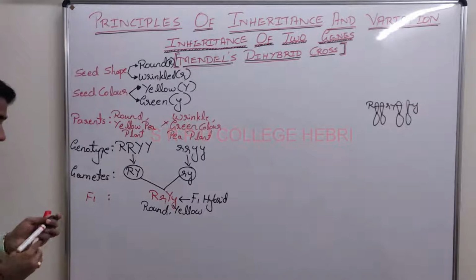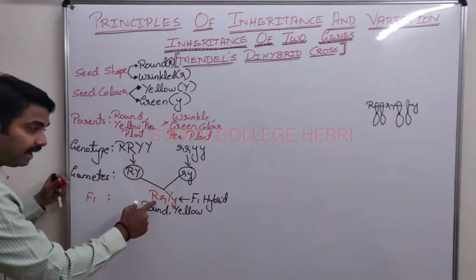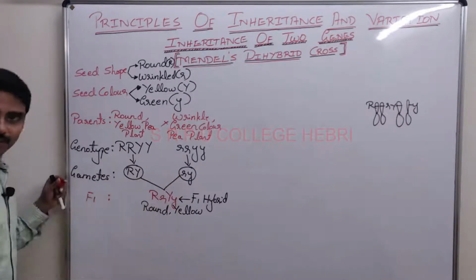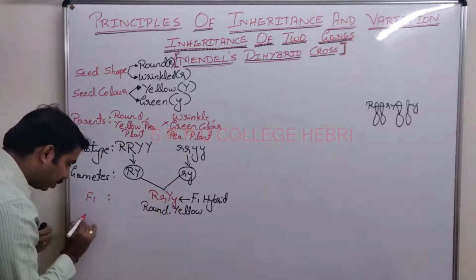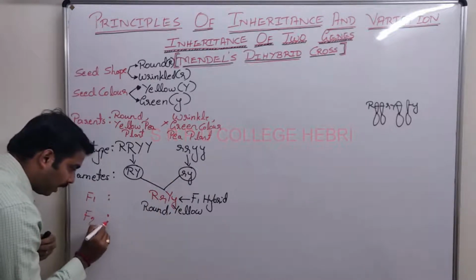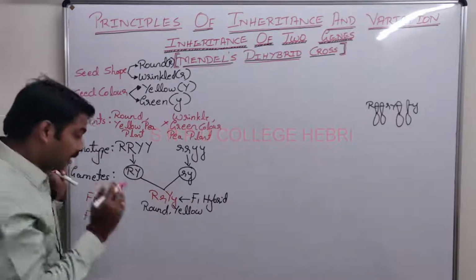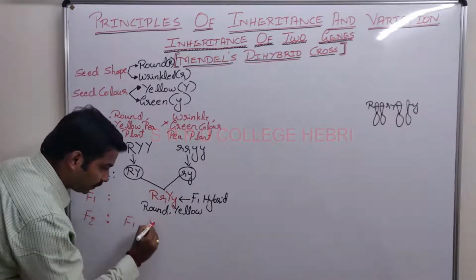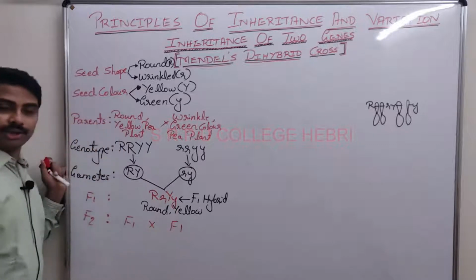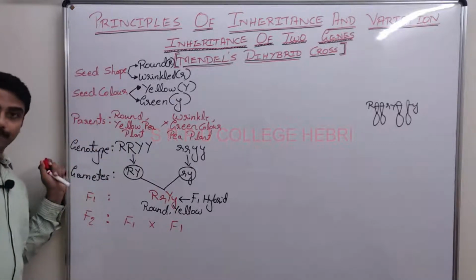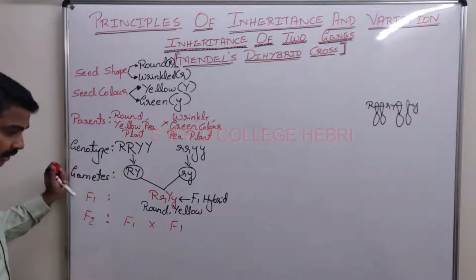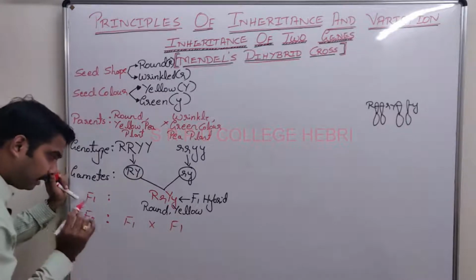To check that, he thought of obtaining its next generation. Which is its next generation? That can be called the F2 generation. How will you get the F2 generation? He thought of doing self-pollination, F1 into F1. Is that clear? Now, can you guess?